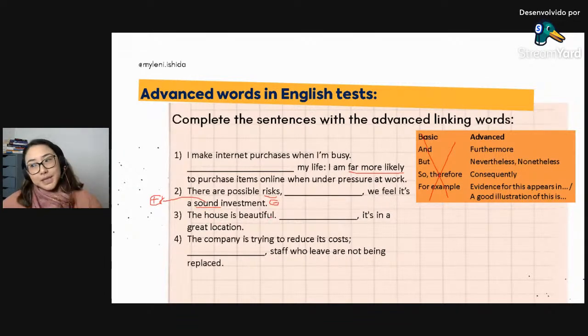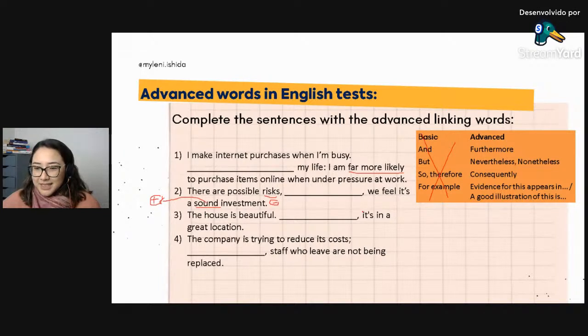So there are risks, but we feel it's a sound investment. You can use the words on the left to help you see which is the best one to complete here, right? So for example, if you say and, but, so, or, here I have a contrast. That's why in number 2, I'm going to use a contrast linking word. Okay? We're going to see in a minute.